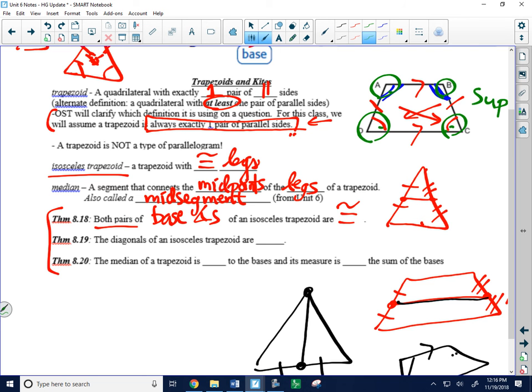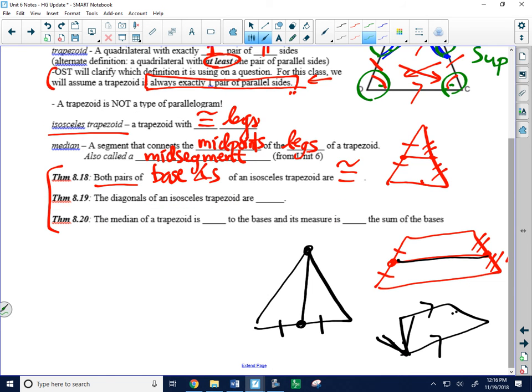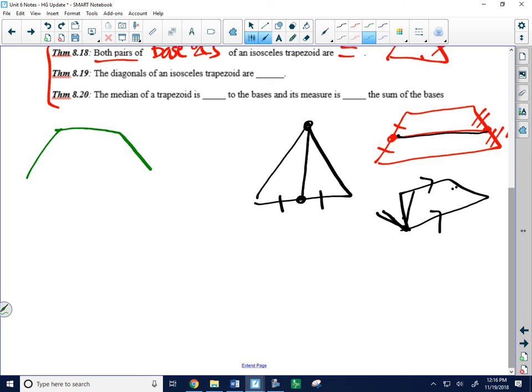For example, if it's an isosceles trapezoid and we knew these were both 80 degrees, well, 80 is supplementary to this one, so it has to be 100 because they're same side interior. And same thing here, same side interior, so this one would have to be 100. And so then these are also the base angles. So that's why it says both pairs. I'm just explaining why.